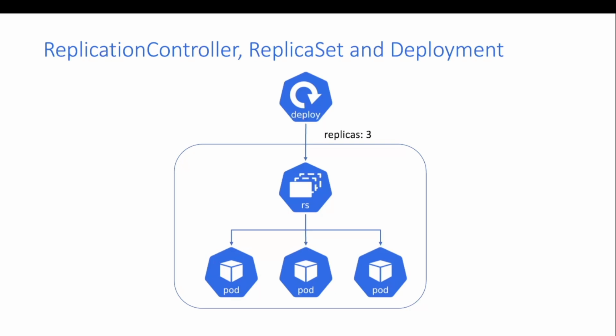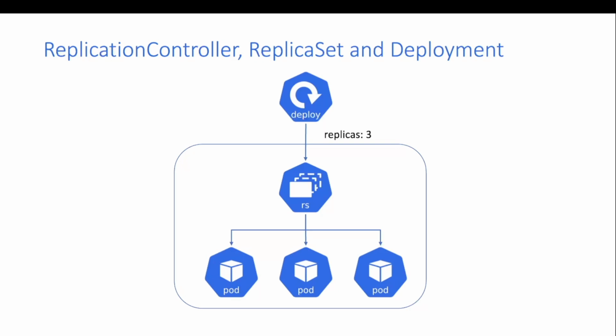However, ReplicaSet does the same. In fact, it is the newer generation of the replication controller. It ensures that whatever number of pods you have specified remains up and running all the time. It is controlled with the help of a deployment.